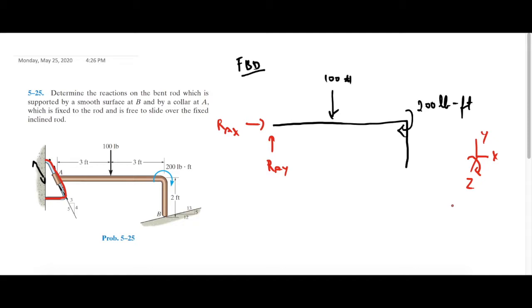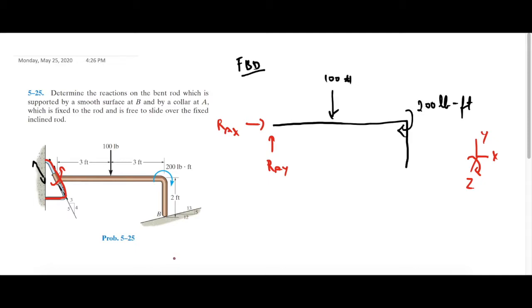However, it can very well rotate about this axis here, but we're not going to worry too much about that, okay? And I believe that's it. Since we're dealing with a 2D problem, that should be the only moment that we're going to be worrying about.